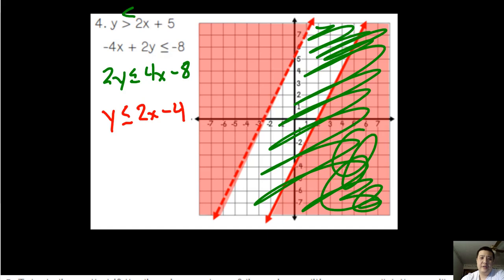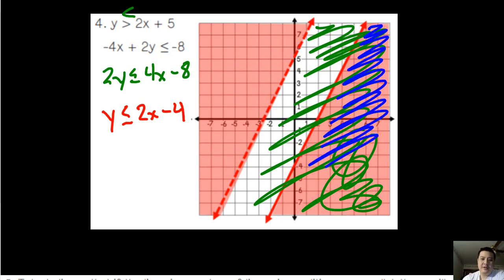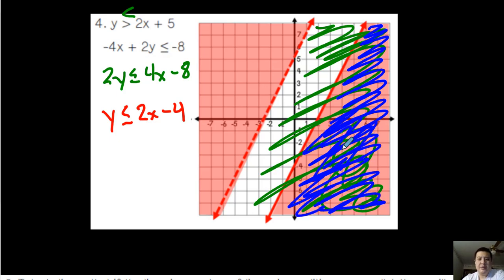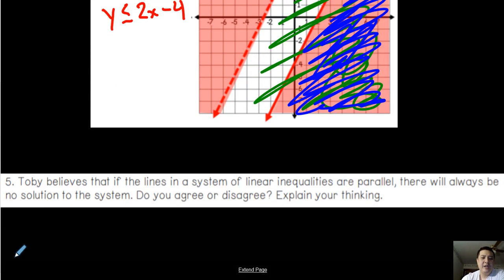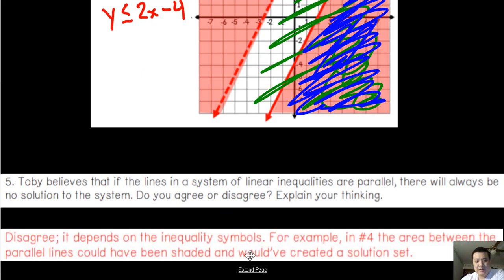And so then, therefore, the solution set would be all of the stuff in blue that I'm shading right now. Okay, so therefore, just because they're parallel doesn't mean that there are going to be no solutions to the system. If we shade the other way, it could have created a solution set.